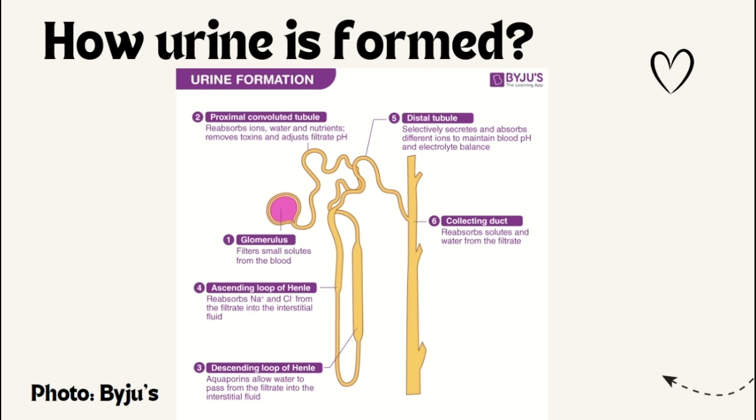At the end of the day, the goal is to filter the blood and to pass out the waste through urine, right? That's the whole goal of it. So just remember the glomerulus, then the proximal convoluted tubule, descending loop of Henle, ascending loop of Henle, and then the distal tubule, and then the collecting duct.